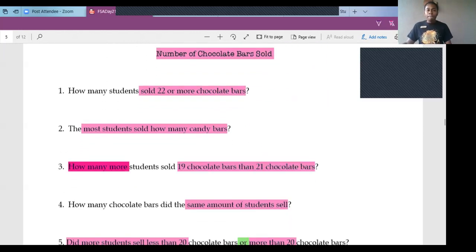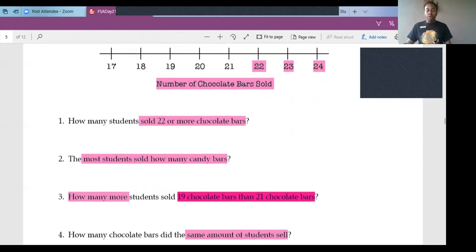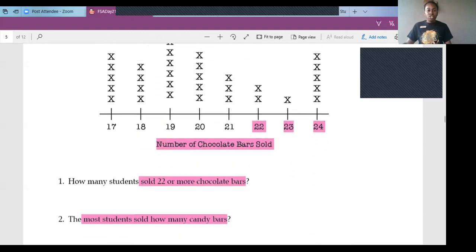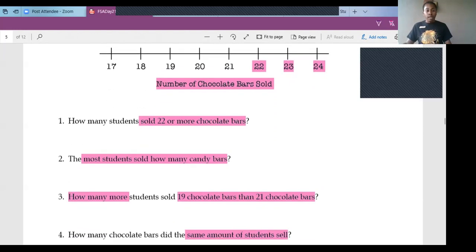Number 3 says how many more students sold 19 chocolate bars than 21 chocolate bars? Now, we're comparing 19 versus 21, and our keywords, how many more, tell us to subtract. But before we get into subtraction, we have to know how many students sold 19 chocolate bars versus 21 chocolate bars.